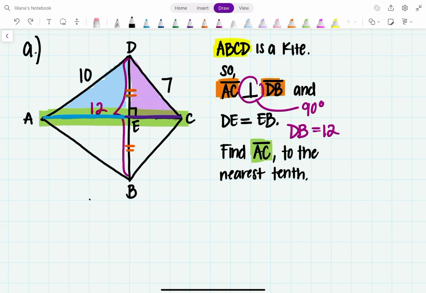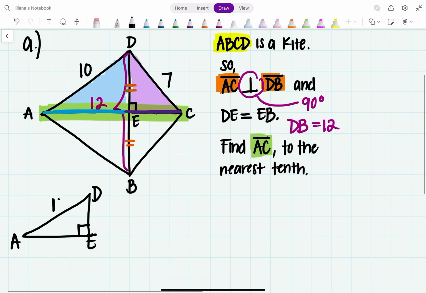I have one of them being A, D, E. This is 90 degrees, and one of the sides is 10. This side is missing, so I'm going to put a question mark there. And I know that DE is going to be 6, because that's half of 12.